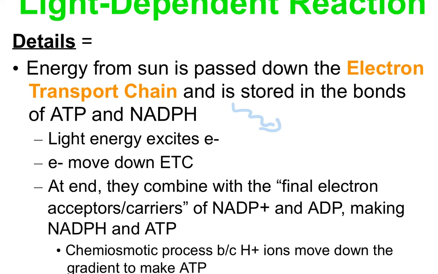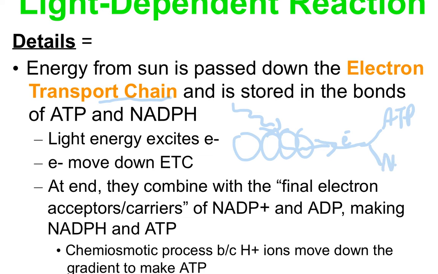Energy from the sun is passed down the electron transport chain. That's a series of 4 or so protein complexes that go through this pretty complicated oxidative phosphorylation process. But basically, the energy that it gets from the sun will be passed through a protein chain process, and after it has gone through that process, that little electron energy is going to be stored in the ATP and the NADPH molecule.